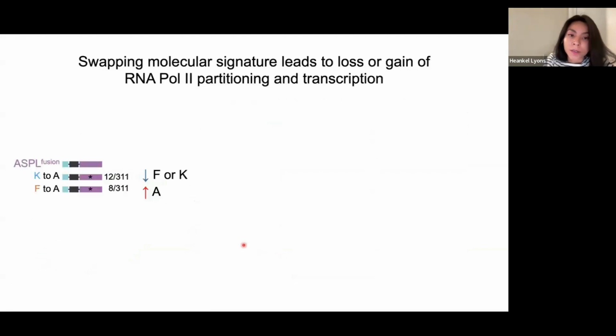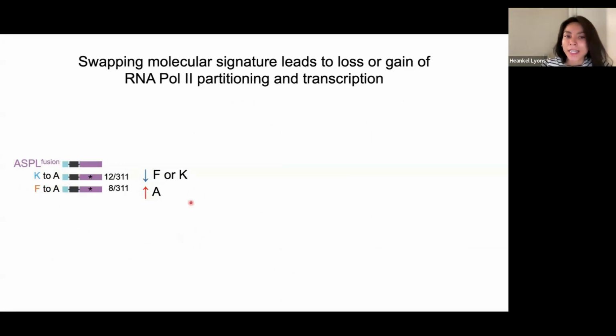And so finally, just to give you an idea of how we tested this molecular signature, I tested the fusion ASPL. Here I'm showing you, as a proof of concept, where I substitute the lysines and phenylalanines with alanine.